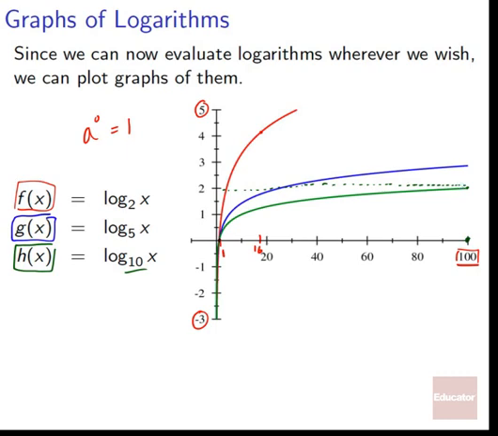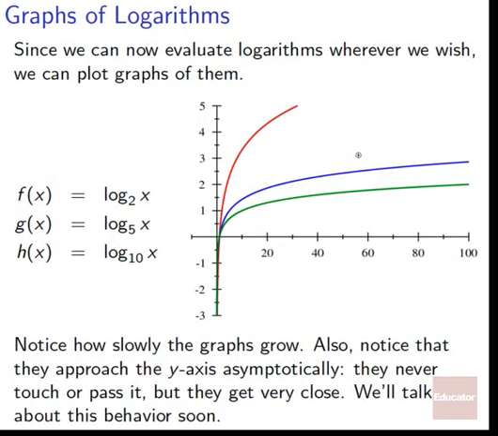We're seeing a similar thing for log base 5. It has to get all the way up to 25 before it hits a height of 2 as well, because 5 squared is 25. And it's not going to hit a height of 3 until it manages to get to 125 as an input value, because 5 cubed becomes 125.